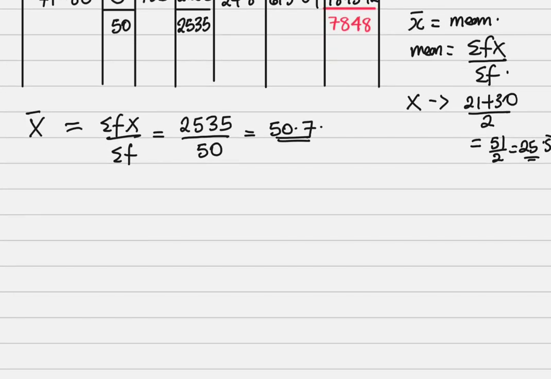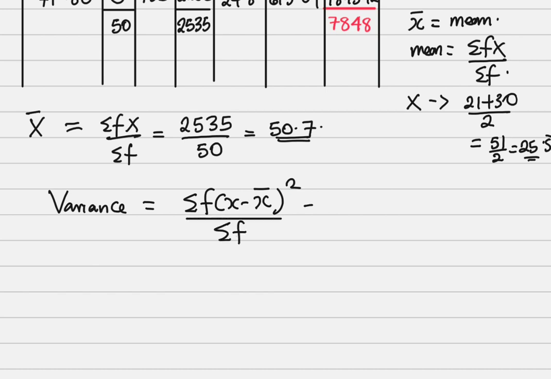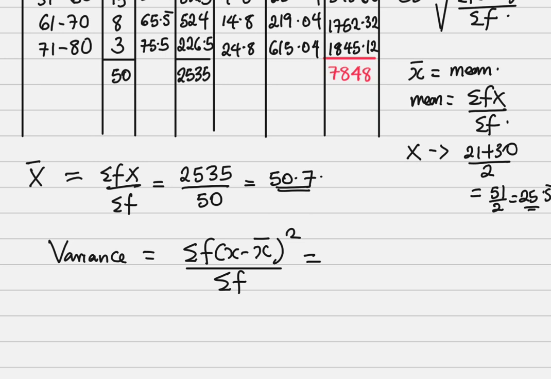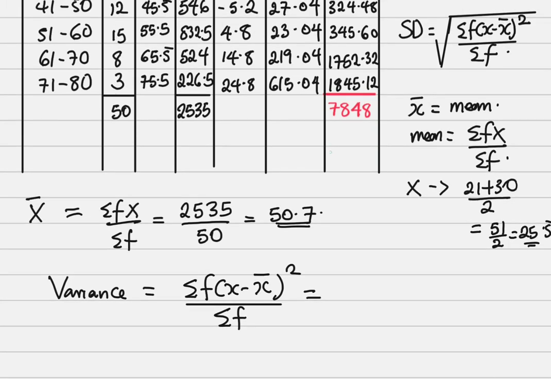So let's move quickly. Let's find our variance. We said variance is summation f into (x minus x bar) all squared all over summation f. Now, if you check, this particular column is the column for summation f into (x minus x bar) all squared. And of course, this is summation f.